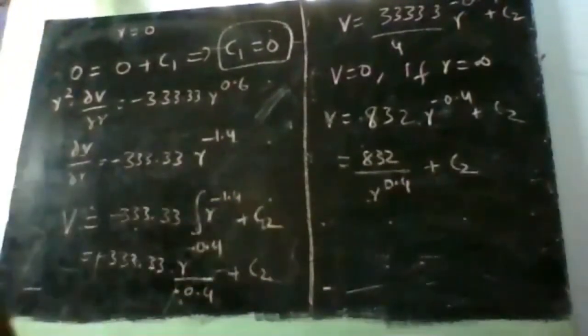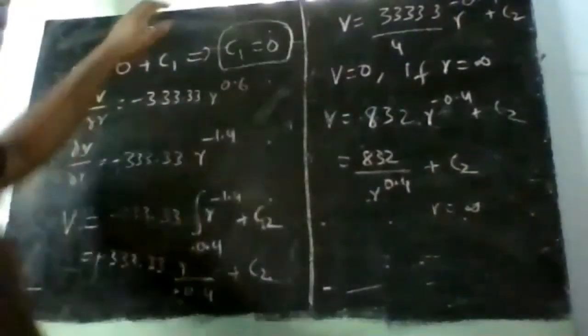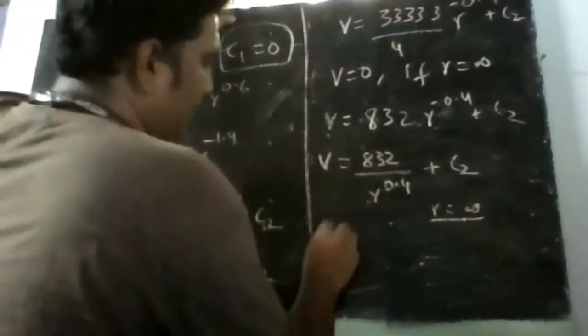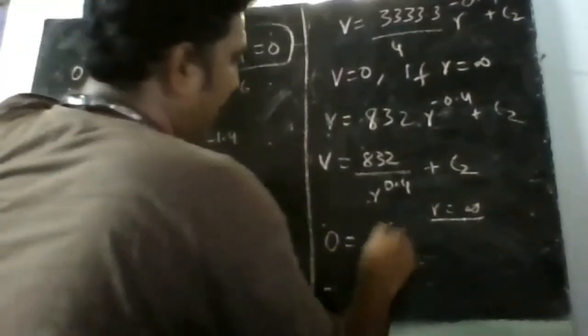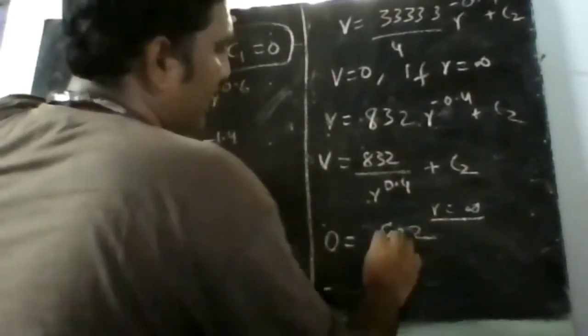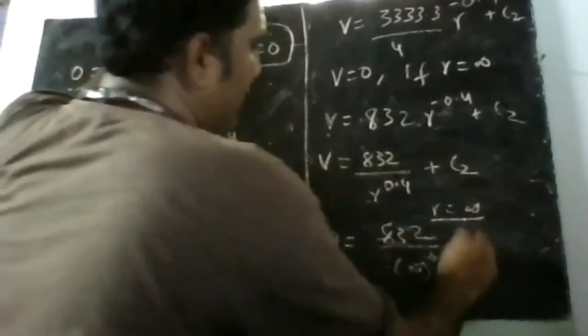Now substitute R equal to infinity in this expression. Whenever R equal to infinity, what is the value of V? V will be 0. So 0 is equal to 832 divided by infinity power 0.4, plus C2.